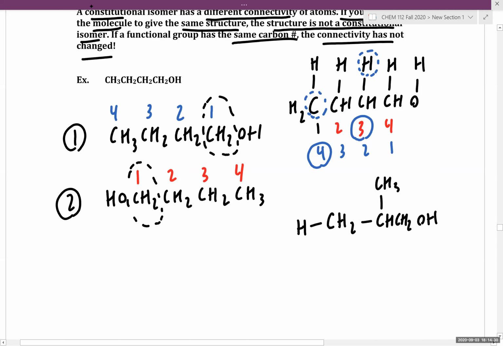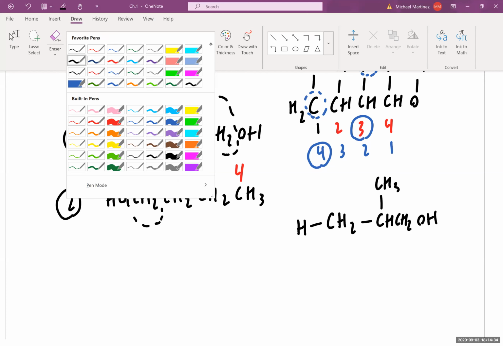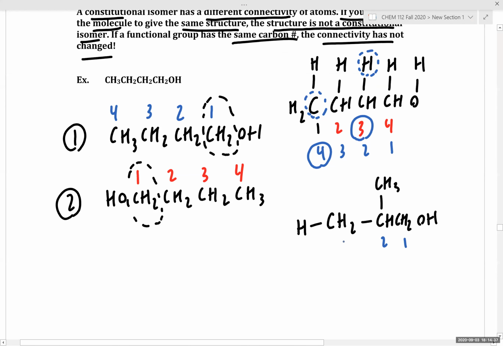As we notice, if we number and look at our carbon numbering, does everyone notice how carbon 2 now has a different set of atoms attached to it? Carbon 2 now has this methyl group, this CH3 group, attached to it. So this would be a valid constitutional isomer.